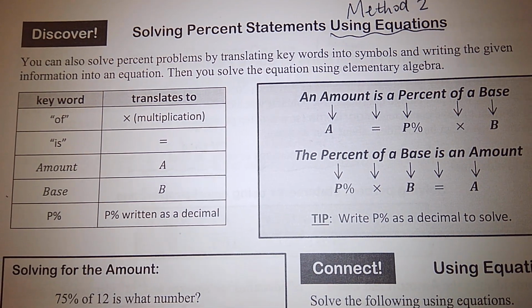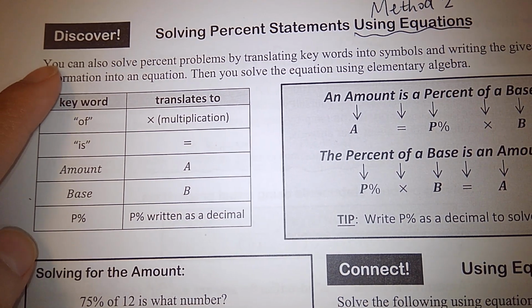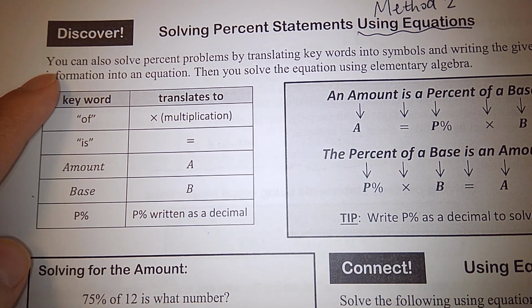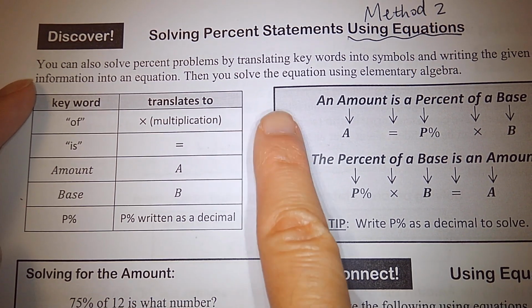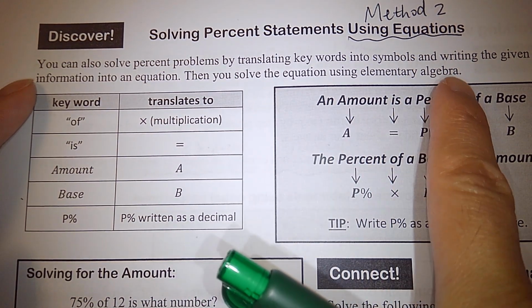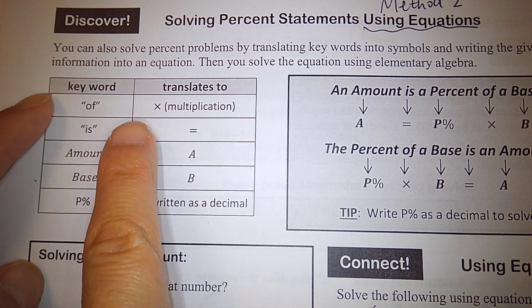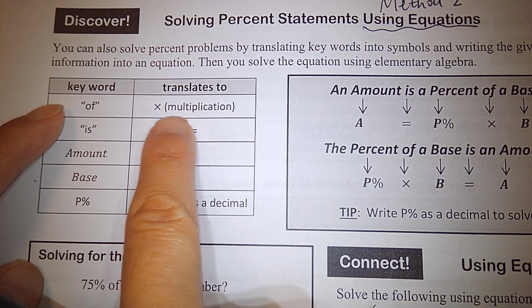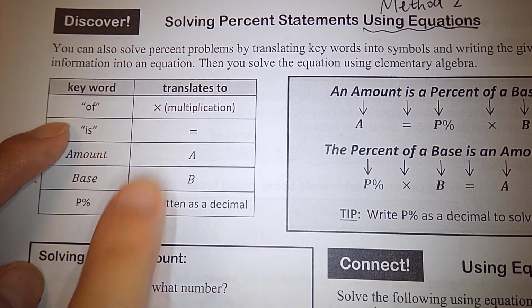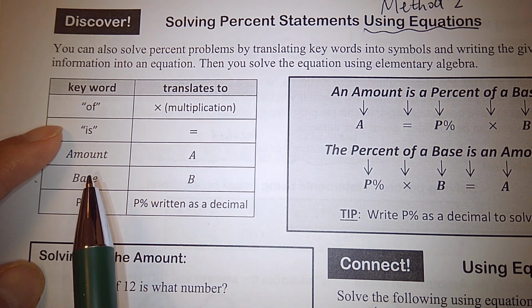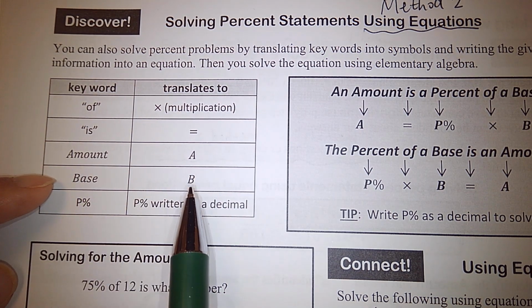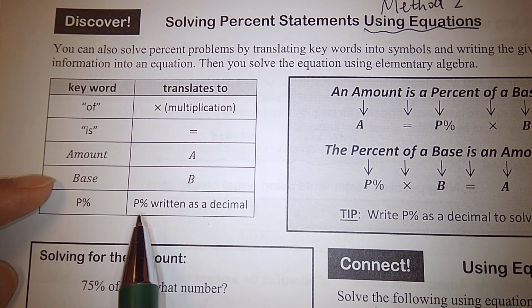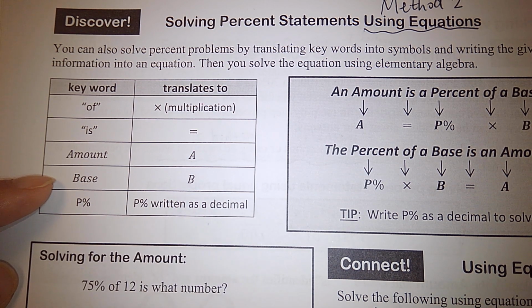Irma? You can also solve percent problems by translating keywords into symbols and writing the given information into an equation. Then you solve the equation using elementary algebra. Keyword of translates to multiplication, is translates to equal, amount translates to A, base translates to B, P% translates to P% written as a decimal.